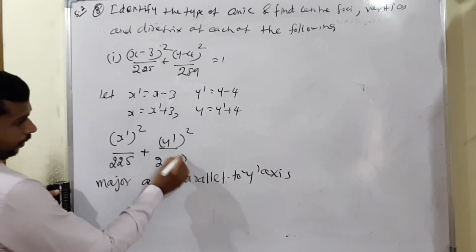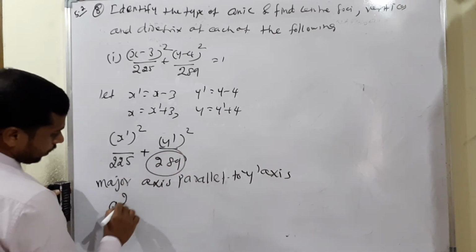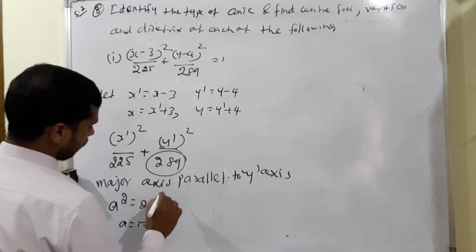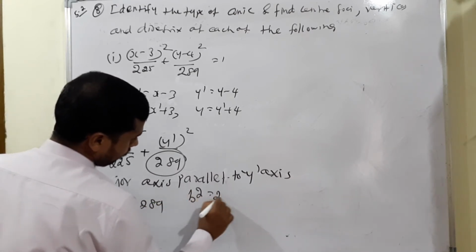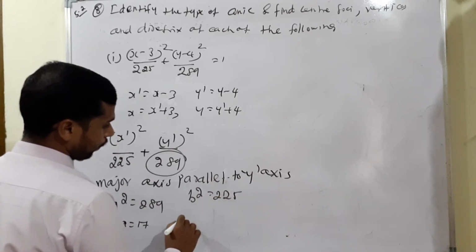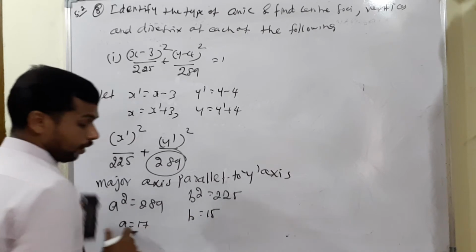Now the greatest value: a square is equal to 289, therefore a is equal to 17, then b square is equal to 225, so definitely b is equal to 15.